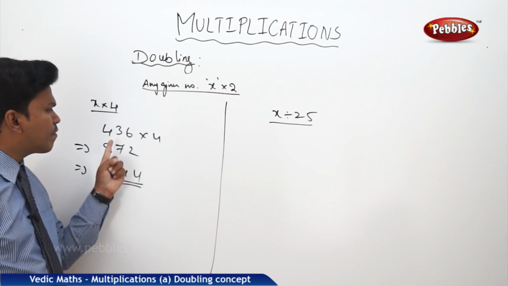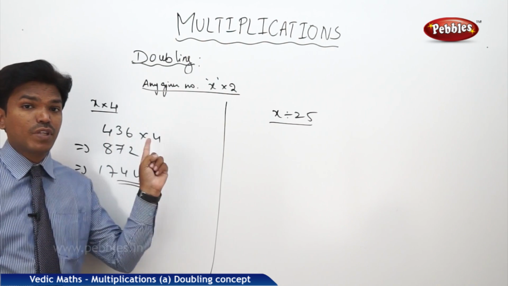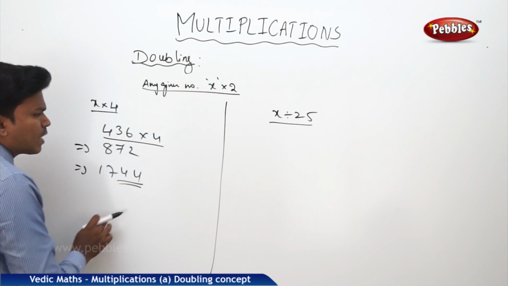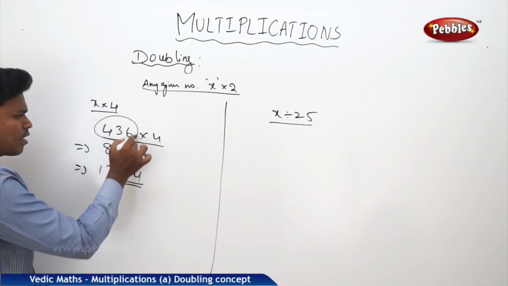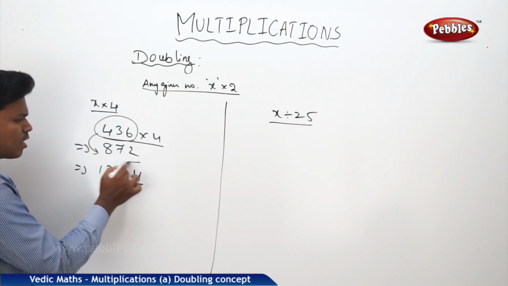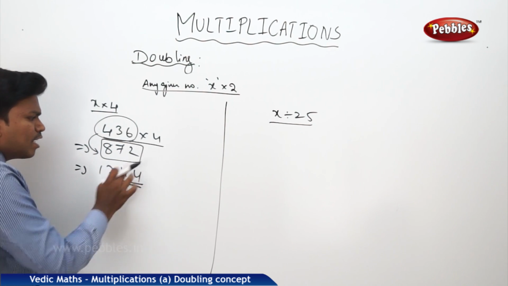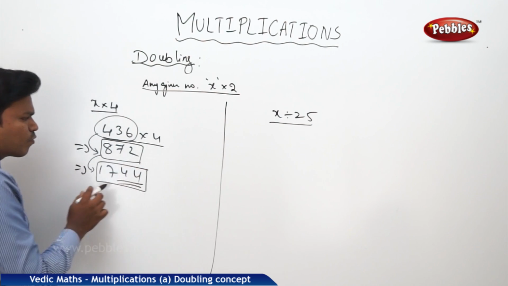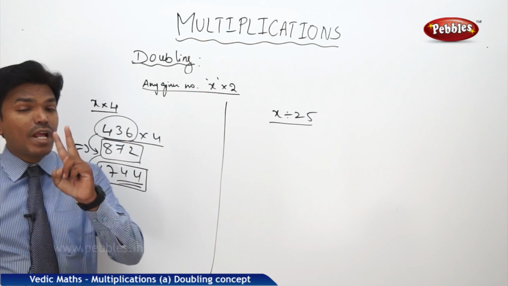So this will be your answer when you want to multiply 436 into 4. Yes or no? First double the number. After doubling, how much did you get? 872. Again double this number. How much will you get? 1744. So you are doing two times doubling here.